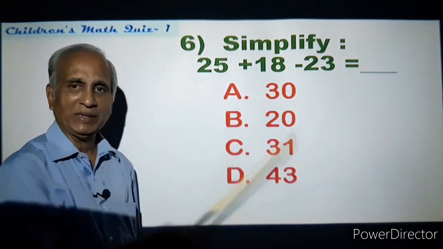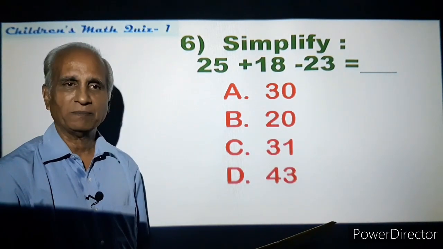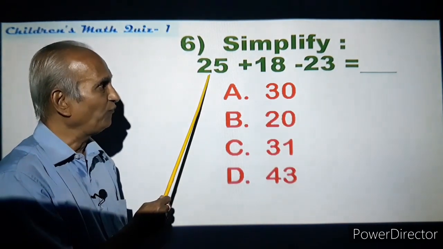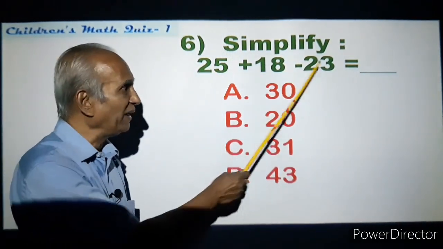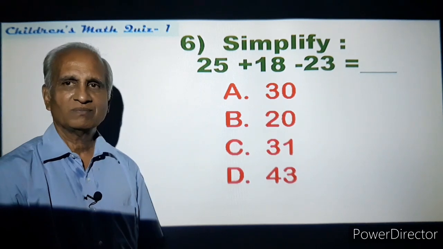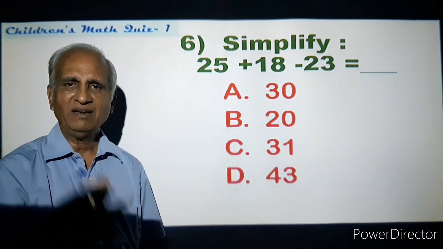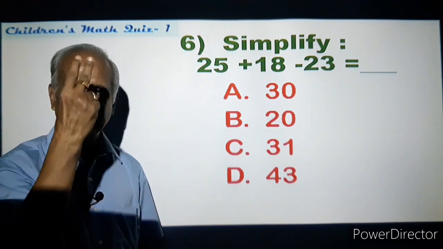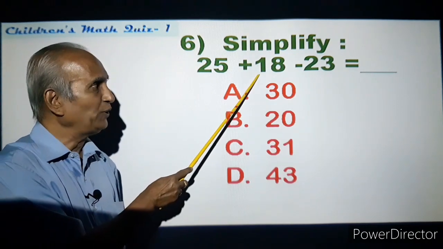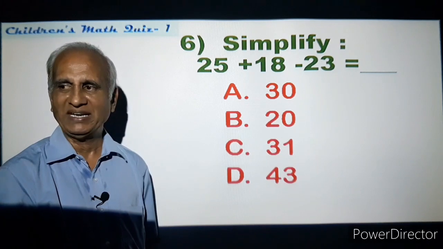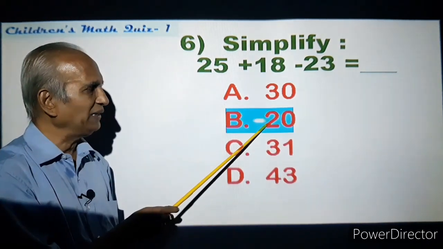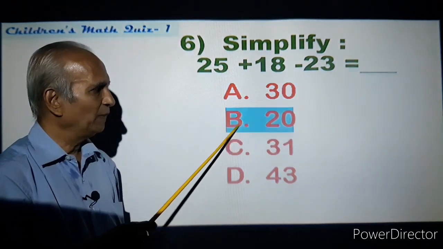Again, you have to deduct 23. It will take some more time. Here, 25, you deduct 23 first. 25 minus 23, you tell within a flip of a second that the answer is 2. Add 2 to 18. It's simple. It's 19, 20. The answer is 20. B is the option.